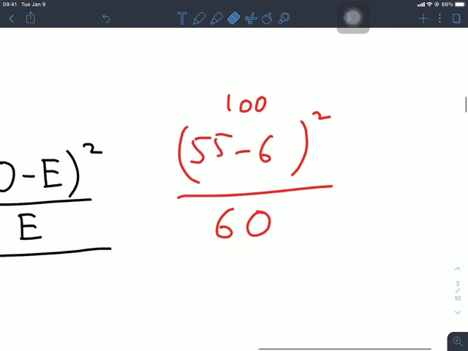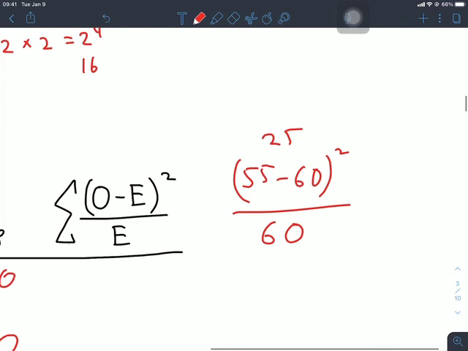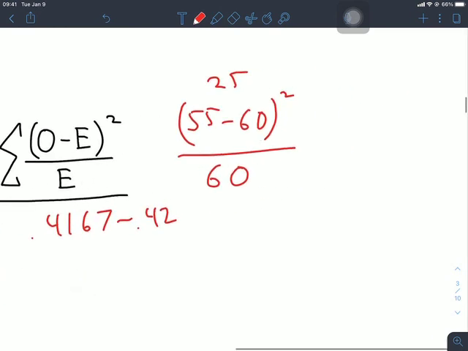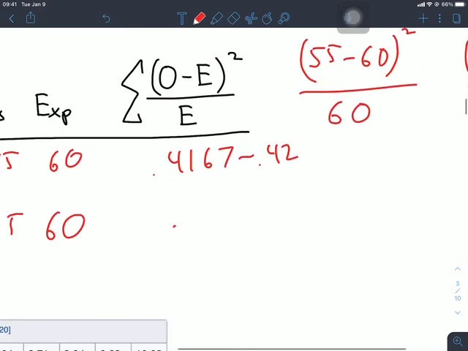Our expected number was not 65, it was 60. Therefore, our numerator is not 100, but instead going to be 25. 25 divided by 60 is 0.4167 repeating, or we can go ahead and round that to 0.42. Repeat this for 65 minus 60 squared divided by 60 for our green marbles, and you'll get approximately 0.42.